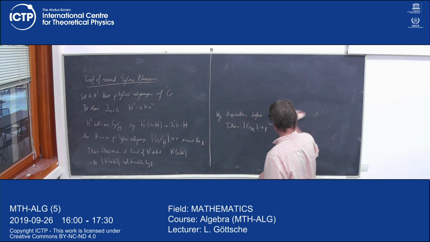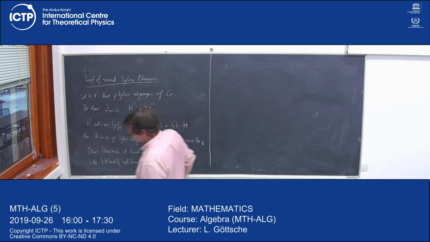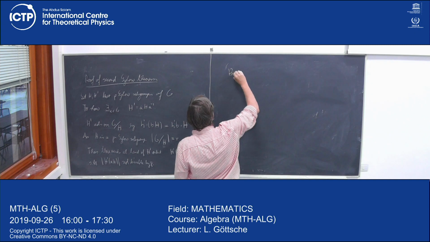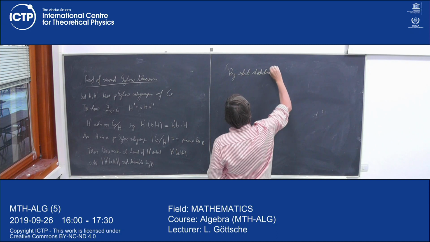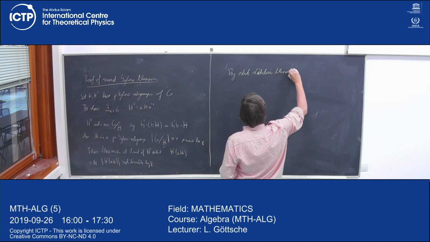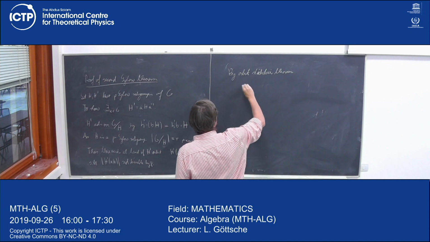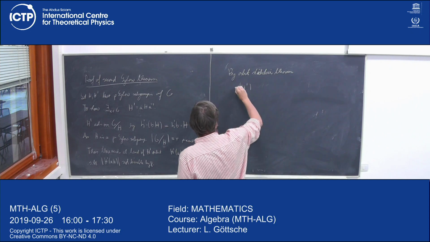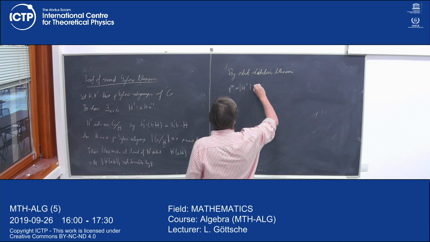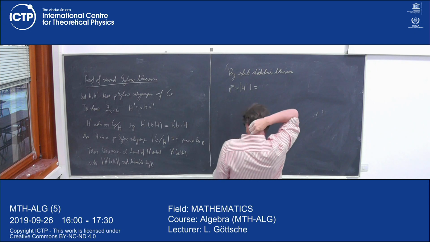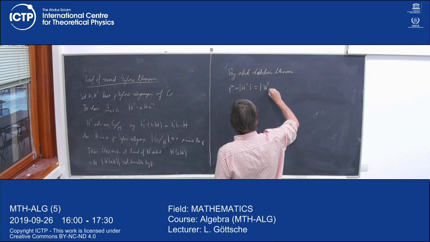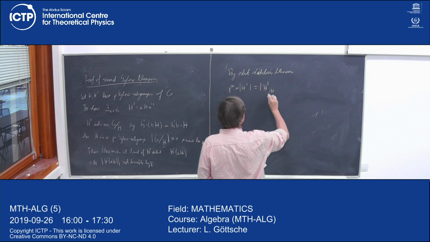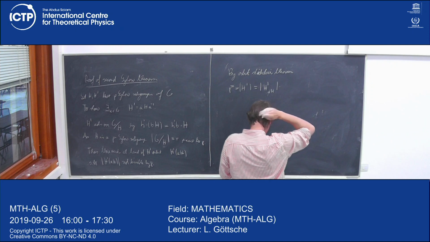for this action of H prime on this set. So by the orbit stabilizer theorem, we have that the number of elements in H prime, which is what acts, which we know is P to the M, is equal to the number of elements in the stabilizer of the action of H prime on AH times the number of elements in the orbit.